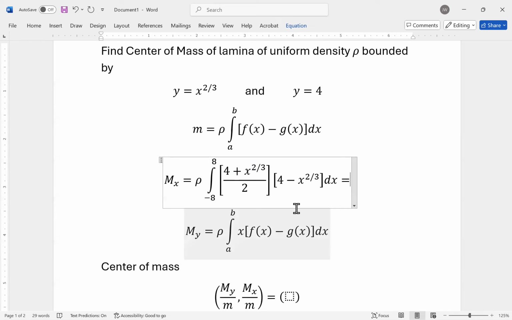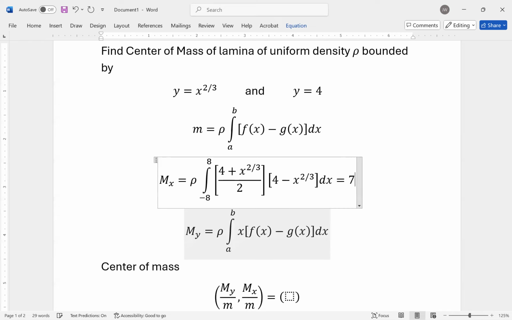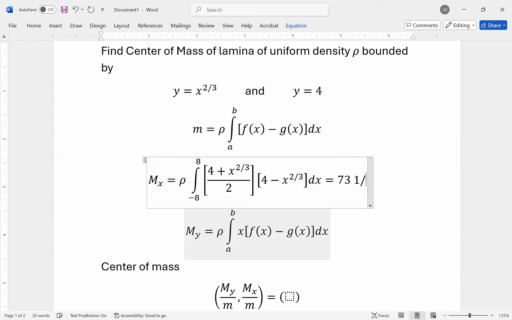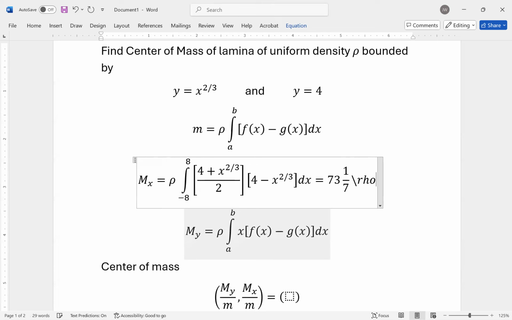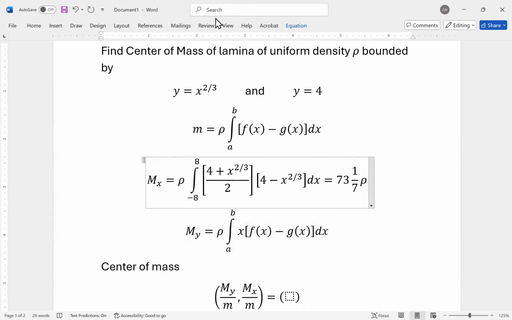If you were going to do that by hand, I believe that's 73 and 1/7 times rho. So we get 73 and 1/7 times rho. Again, this might be off just a little bit on your calculator because of rounding, and that's just because of how that works.